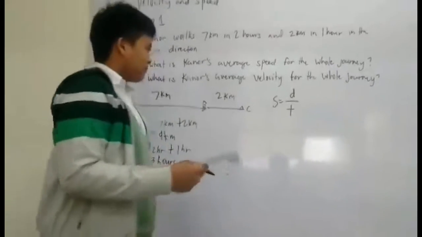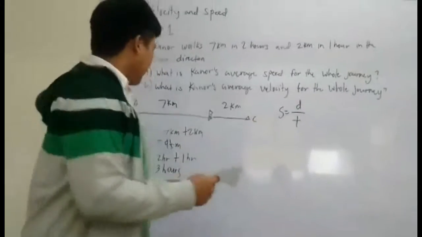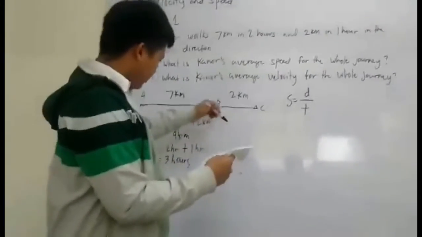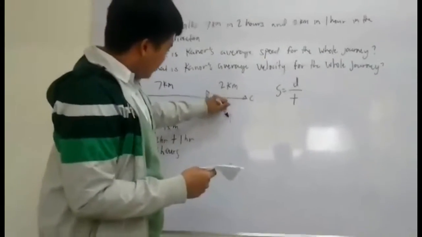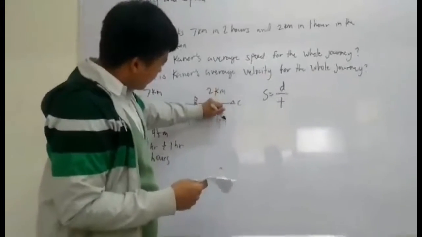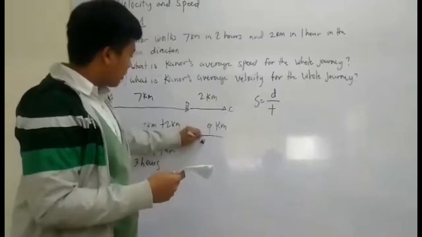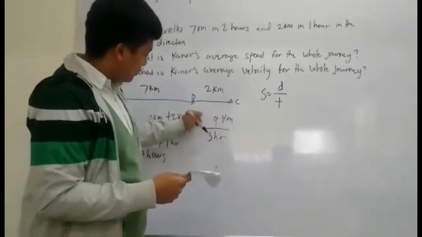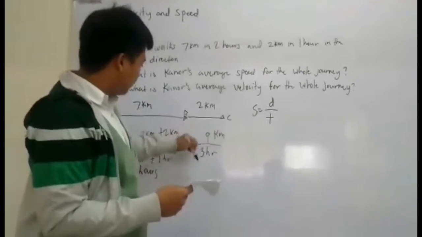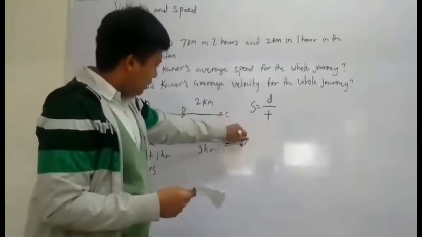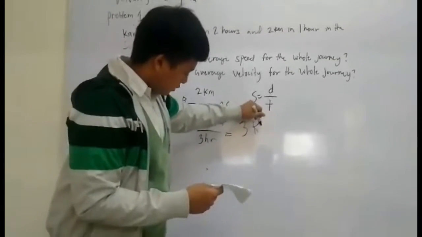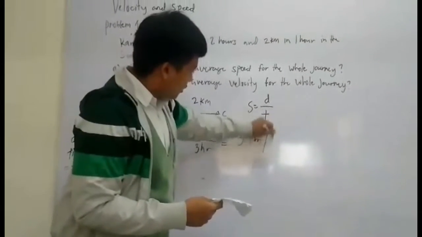And now we are getting the average: 9 kilometers, the distance, and the time is 3 hours, is equal to 3 kilometers per hour.